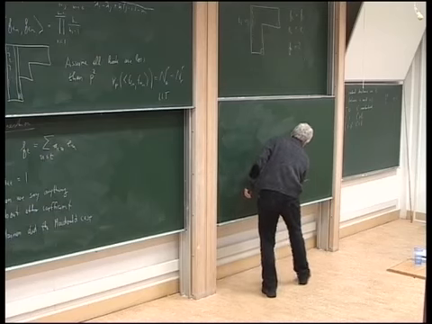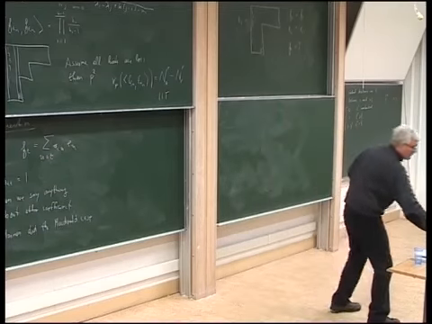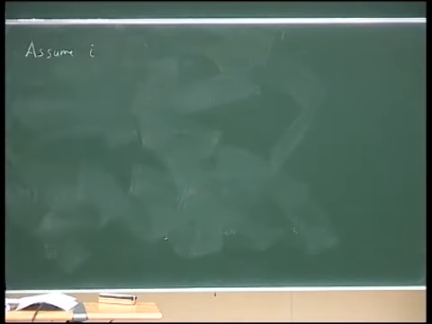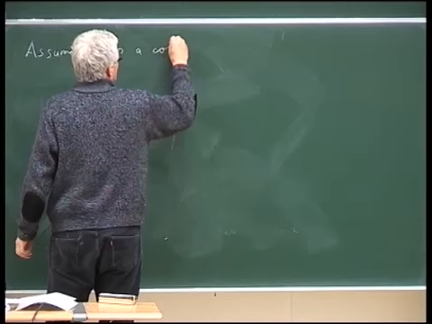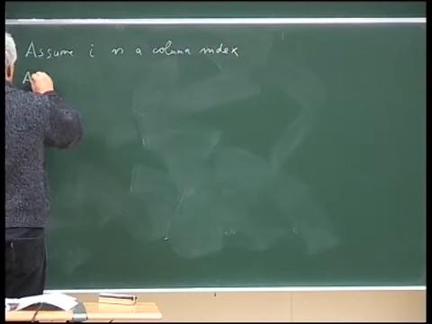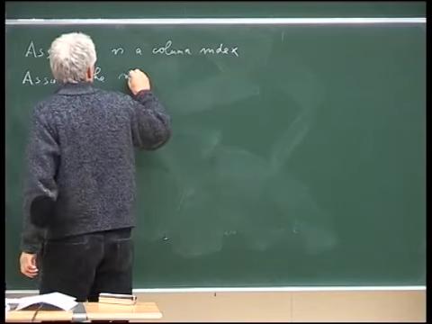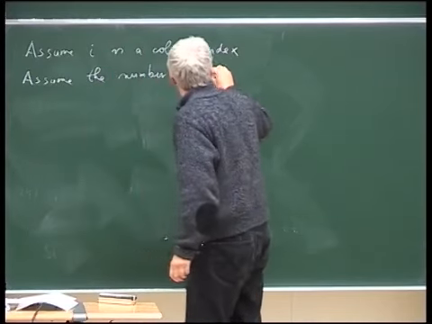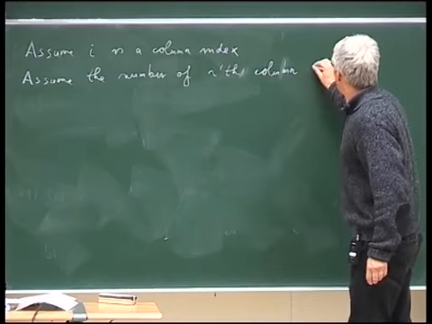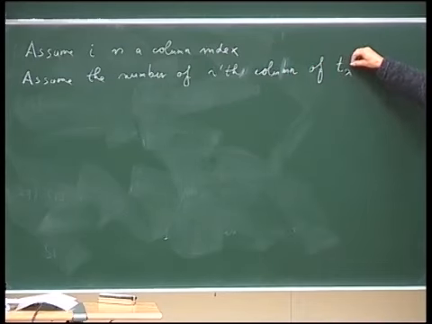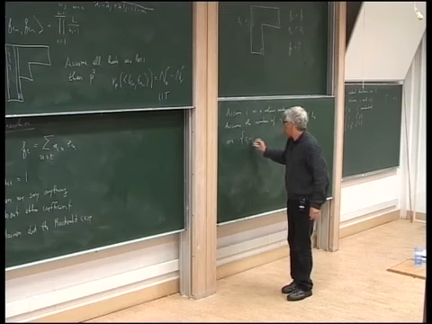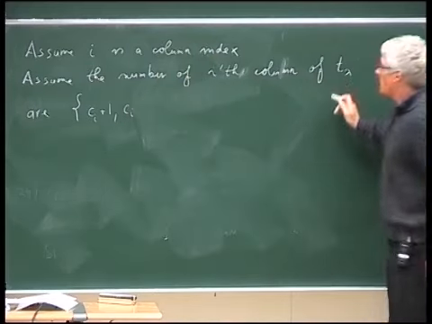So now I need some operator. So assume i is now in a column, and assume the numbers of i's column of T_lambda, and T_lambda is the lowest partition, are c_i, c_i plus 1, c_i plus 2, c_i plus 3, up to the last, because I'm talking about T_lambda, so these numbers will be consecutive.